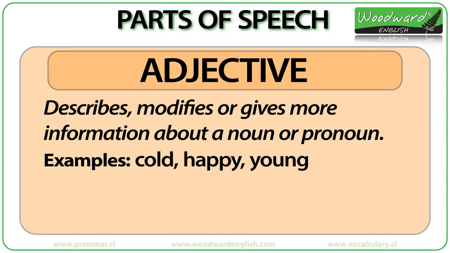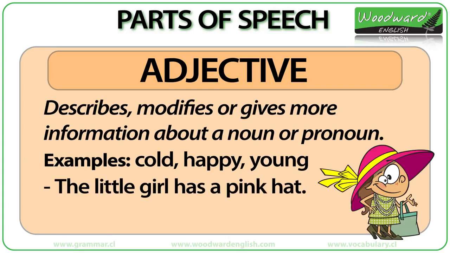An adjective describes, modifies, or gives more information about a noun or pronoun. Examples are cold, happy, young. These words describe something. They are adjectives. Look at our example sentence. The little girl has a pink hat.